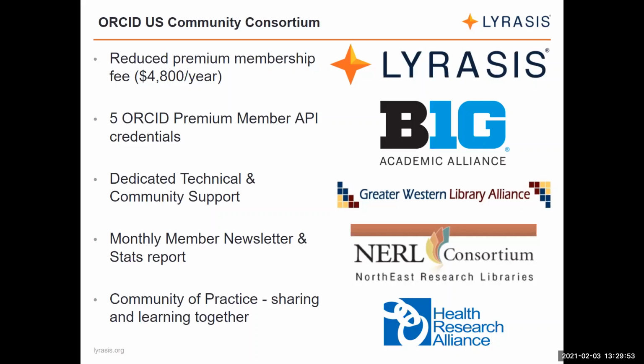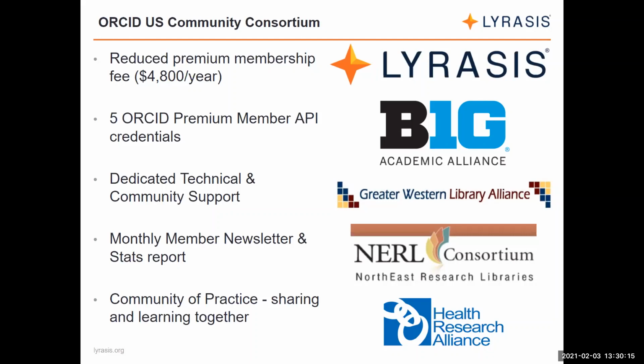Through our consortium, member organizations receive a significantly discounted fee for membership, which is $4,800 per calendar year. And this provides access to 5 premium member Orchid API credentials that can be integrated with a variety of different systems at your organization.